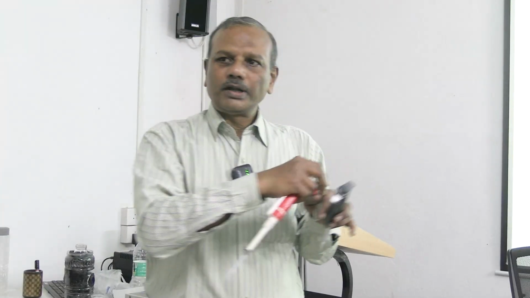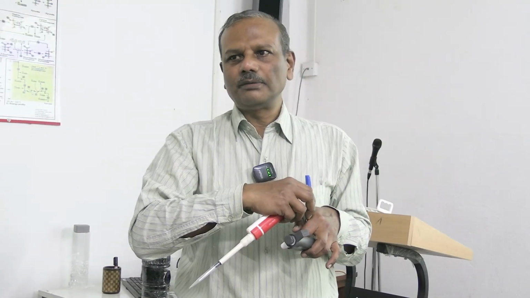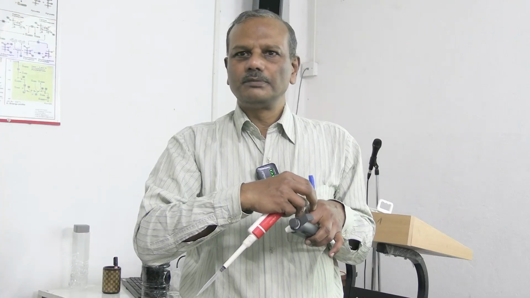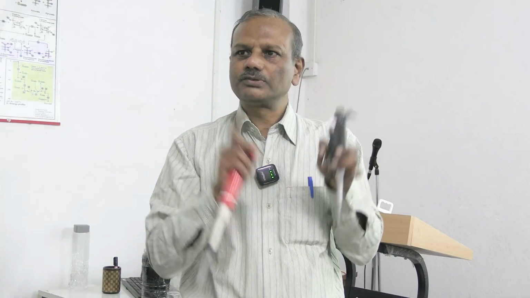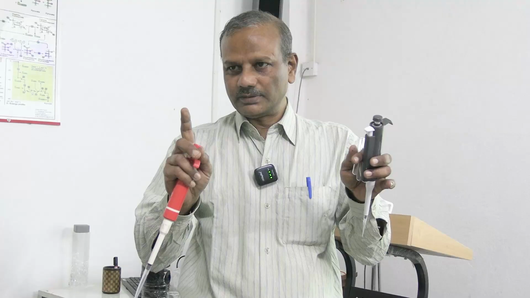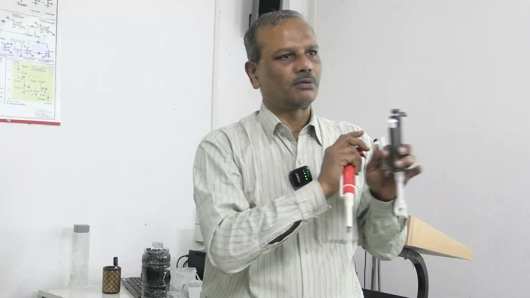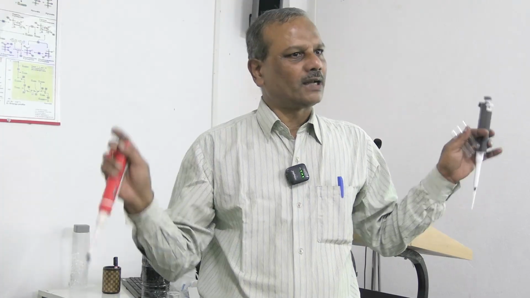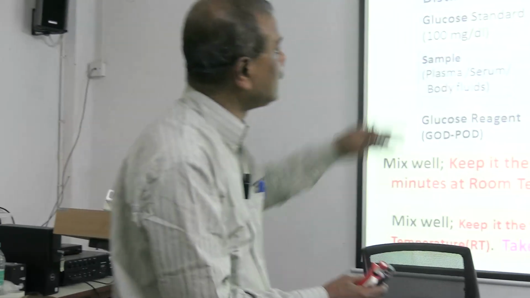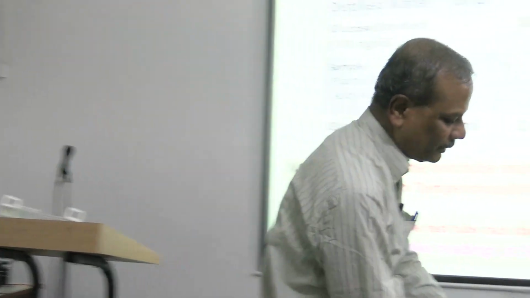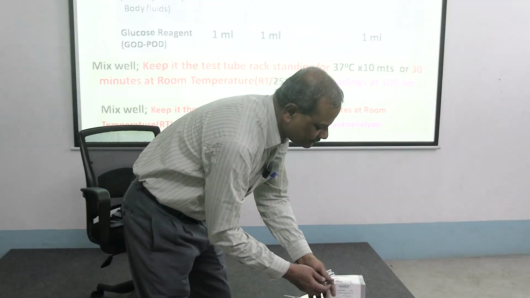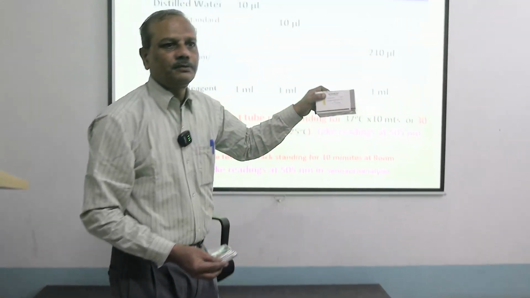Now, for every enzymatic reaction, you have to keep it for some time, to allow the reactants to go to completion. And a standardized time is required. It might be 5 minutes, it might be 10 minutes, 30 minutes, 1 hour, whatever be the situation. That is a well-known protocol. And deliberately I have written with the Coral system because the reagents which you will be using are from Coral.